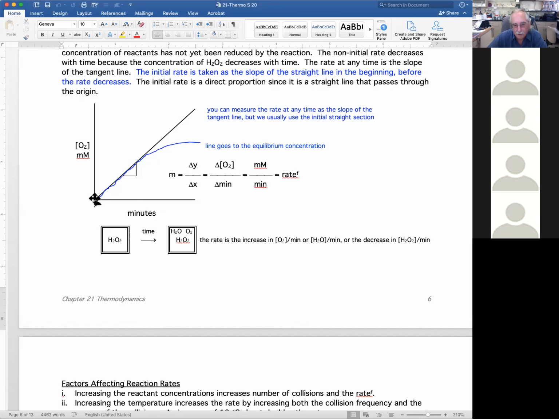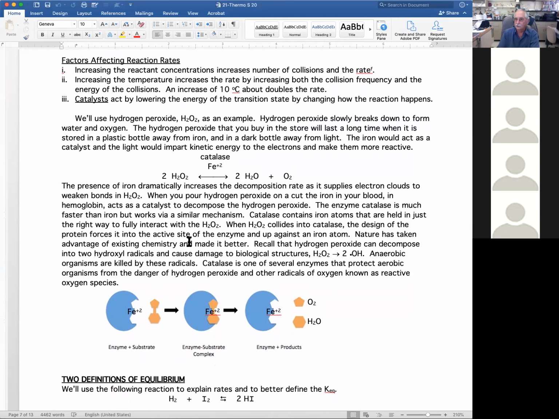So anyway, now we know what a rate is. And going back to this, the rate has to do with this transition state right here. So what kind of factors affect the reaction rates? If I increase the reactant concentration, I increase the number of collisions, and therefore I increase the rate.